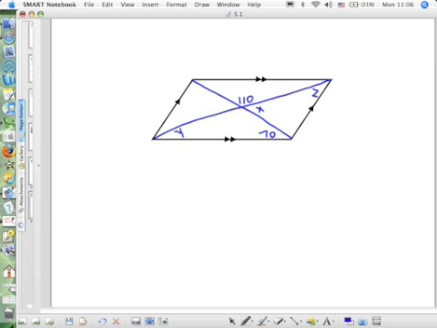Did I have my X in the wrong spot? No. Yeah, I do. I'm sorry. And you have your Y and 70. Y and 70 is on the left, Y is the top, 70 is the bottom. Oh, sorry. That's what happens when you don't have a picture.